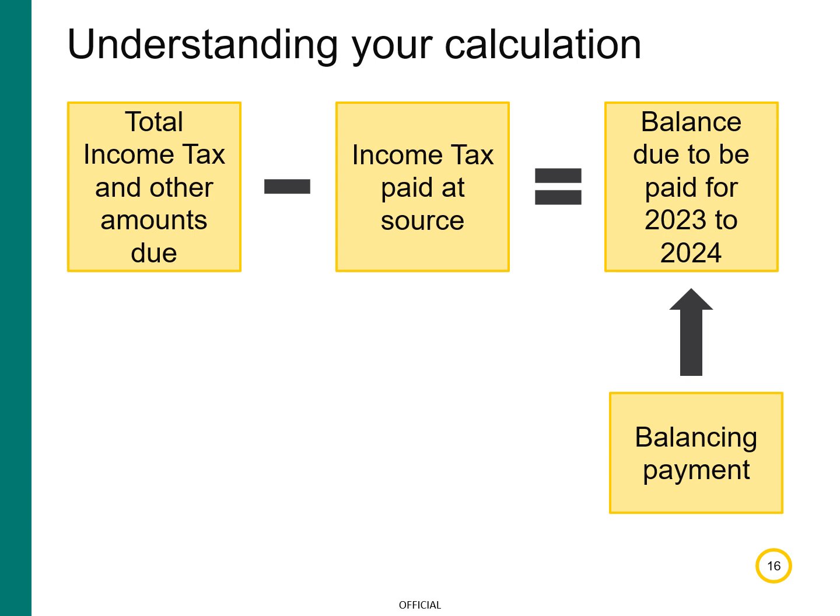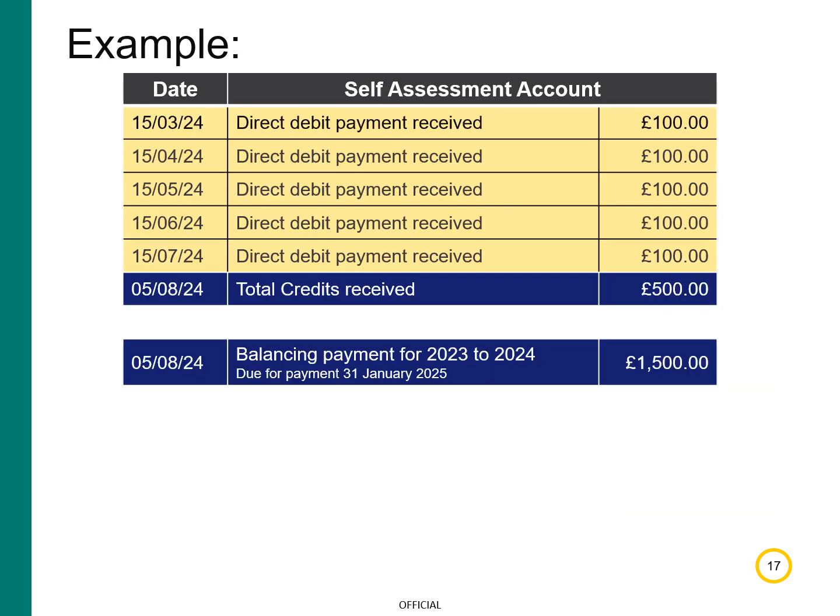Let's look at an example. You set up a direct debit for £100 per month, and the first payment is taken on the 15th of March 2024 and on the 15th of each month after this. You fill in and send your tax return for 2023 to 2024 on the 5th of August 2024, and your balancing payment from that tax return is £1,500.